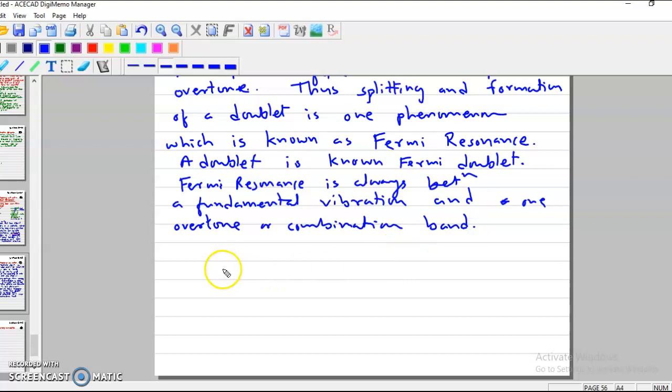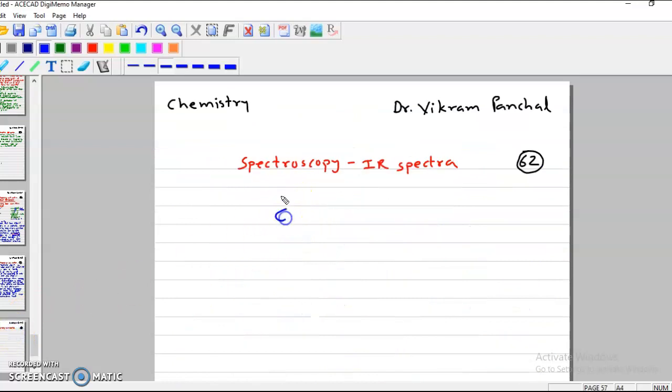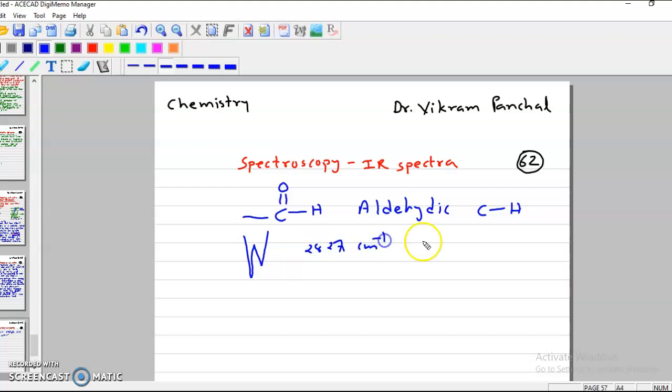For example, if we take aldehydic hydrogen, CH bond, this will appear like a doublet. One is at 2827 centimeter inverse, which is for CH stretching, and another is at 2725 centimeter inverse, which is the overtone of CH bending.